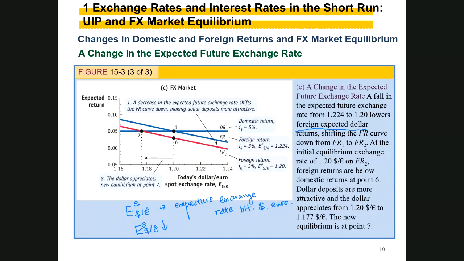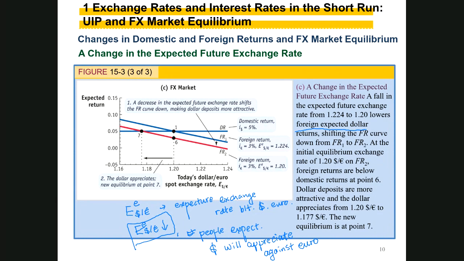So people expect the US dollar will appreciate against the euro, right? Remember, when the nominal exchange rate goes down, it means the domestic dollar appreciates.